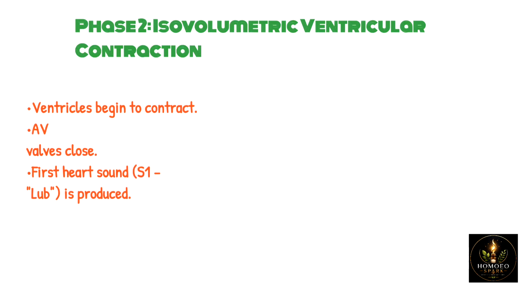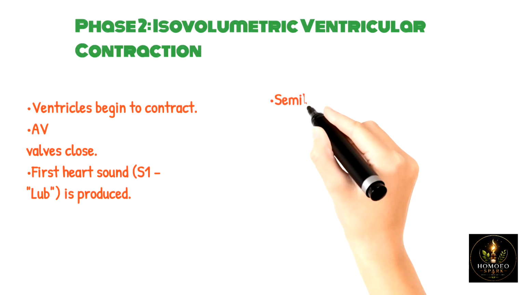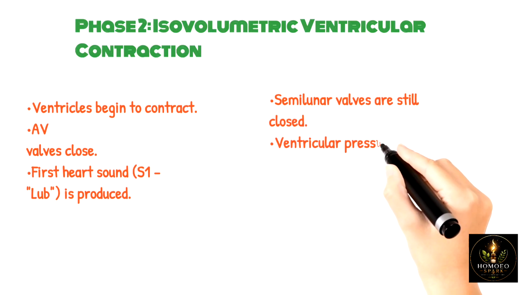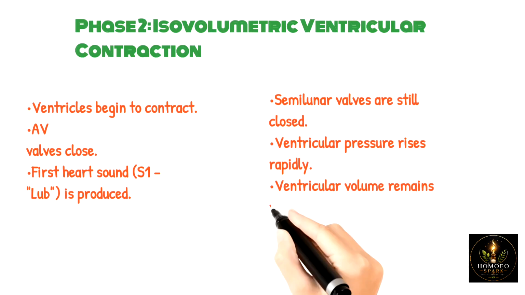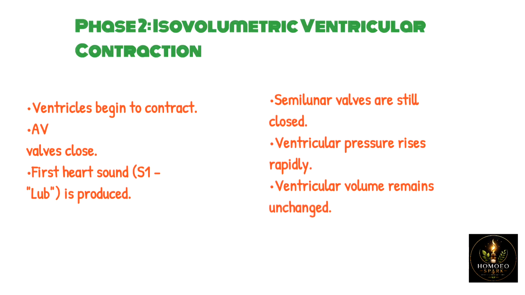Whenever the AV valves close, that is the first heart sound, which starts after the QRS complex in ECG waves. Semilunar valves are still closed, all valves closed. The pressure is rising rapidly, so the ventricular volume remains constant. This is what happens in the isovolumetric contraction. It is also known as isometric contraction.